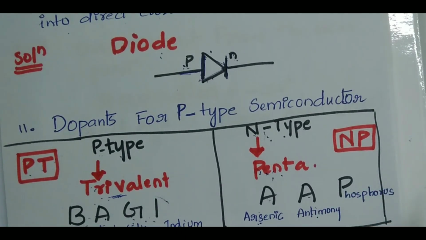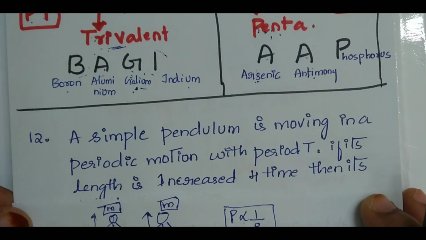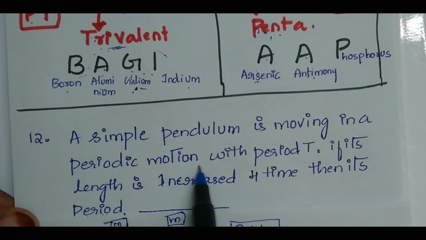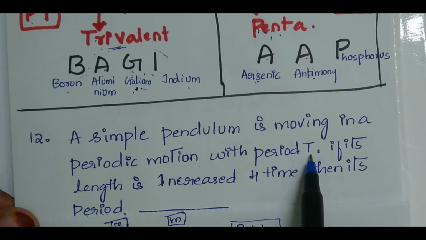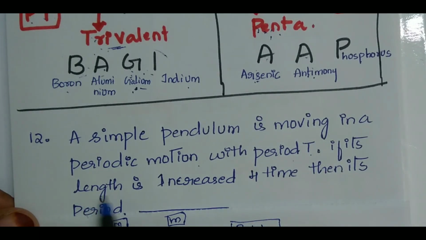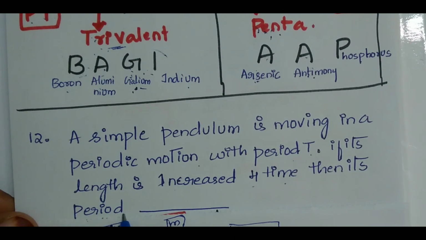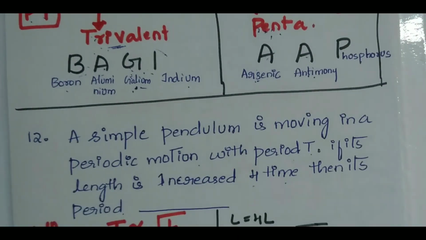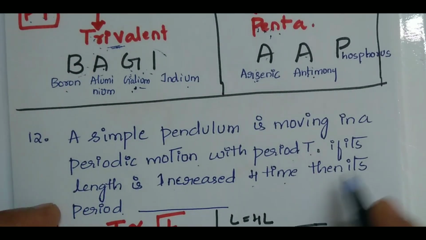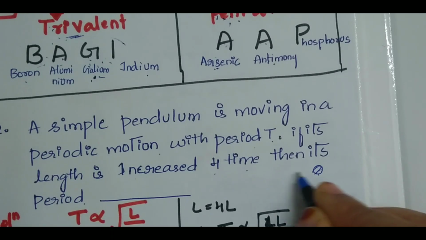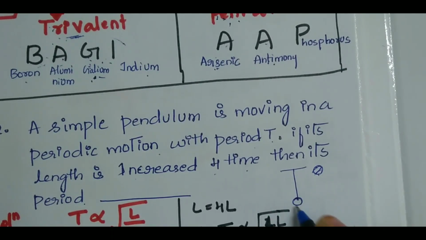Next we have: a simple pendulum is moving in a periodic motion with period T. If its length is increased by 4 times, then its period will be. As we know, we have one simple pendulum. Suppose this is your pendulum.